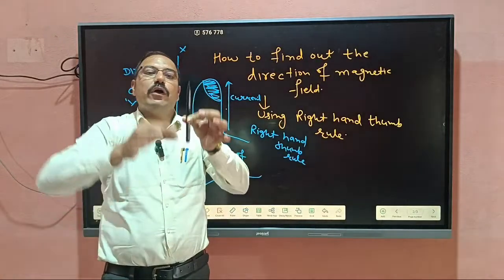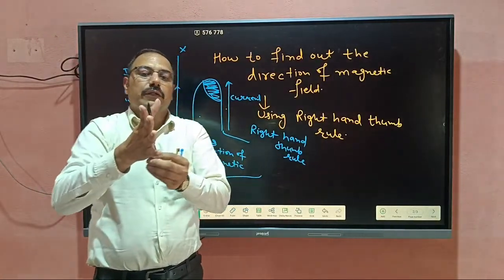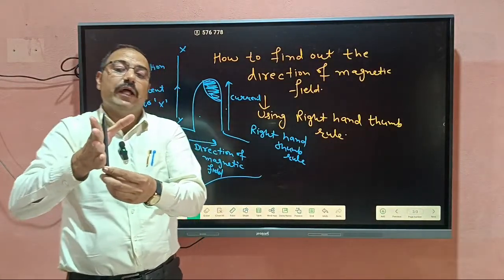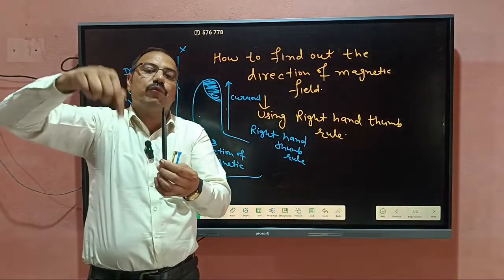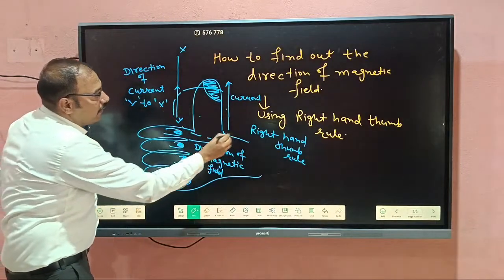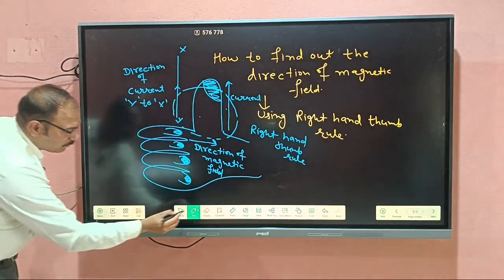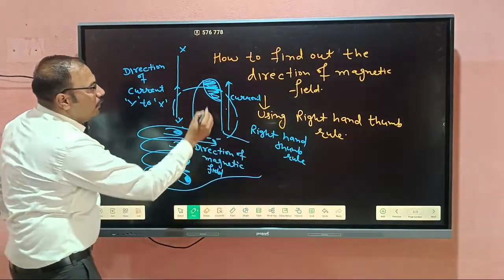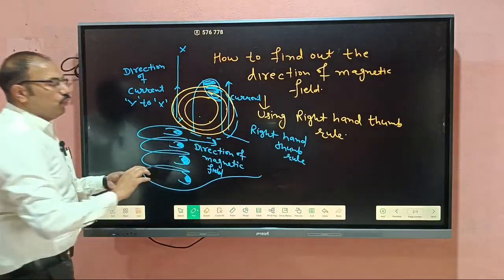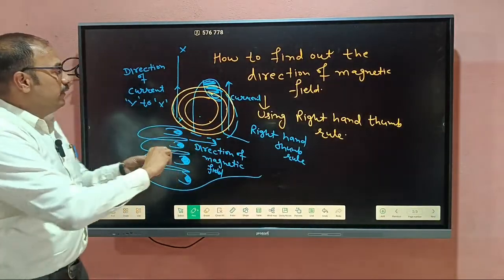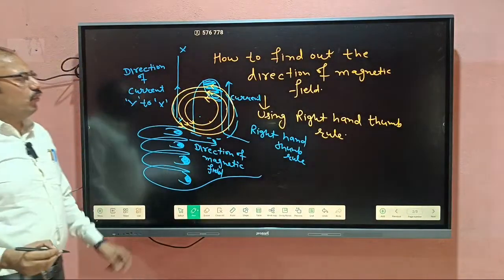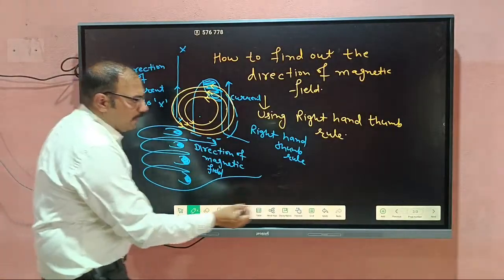Current flows from downward to upward. So close your hand, wrap your fingers. Here the magnetic field forms in the form of a circle. This is the direction of the magnetic field. So close your fingers, and these fingers give the direction of the magnetic field.